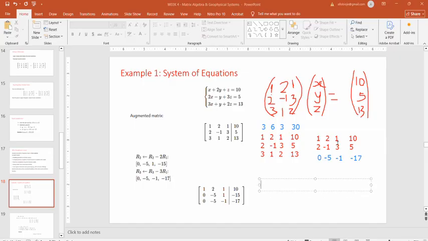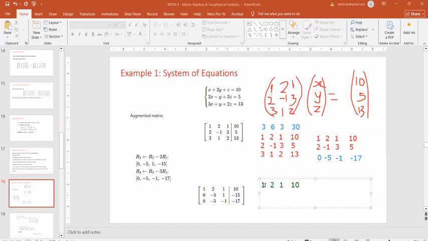We don't have any problem with row 1 and row 3. We just want to make this 2 in row 2 to be 0. So let's write out 1, 2, 1, 10.